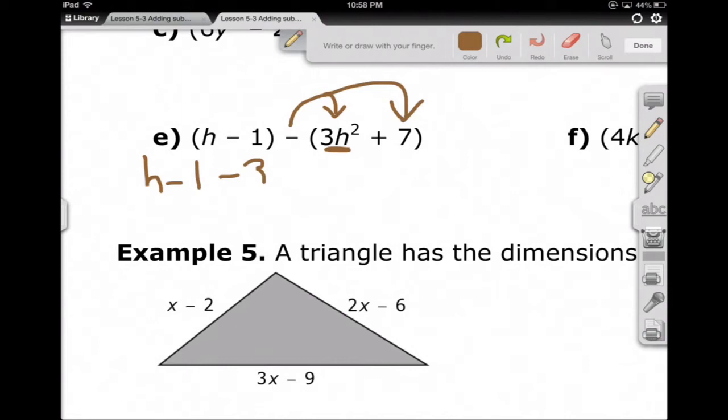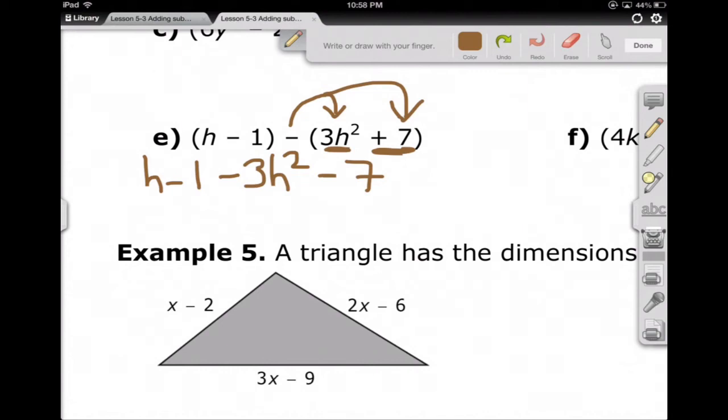Now he's not. When you go to write it, you can write things in any order as long as the sign is correct. Now, when I look at this, when I go to collect my terms, I don't see another h squared there.